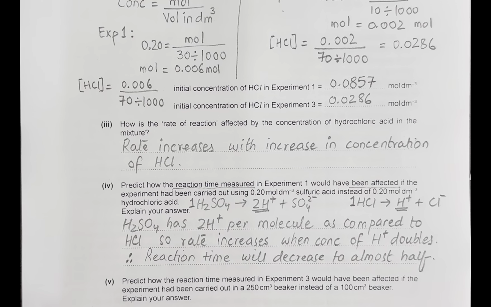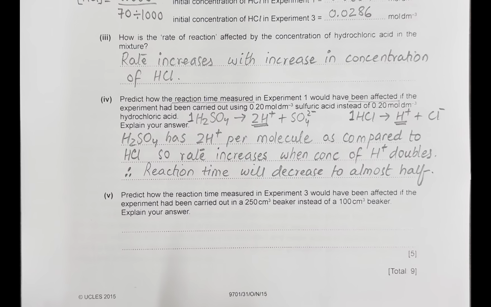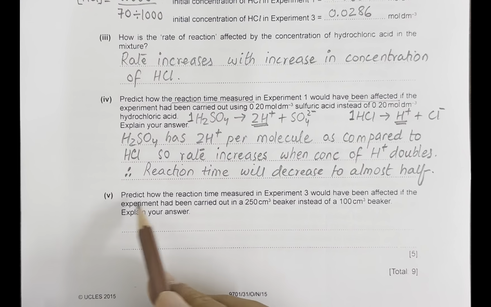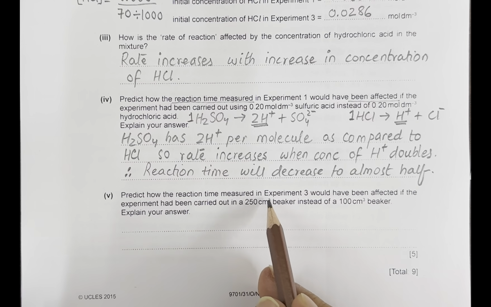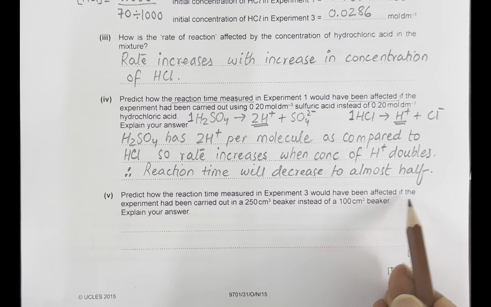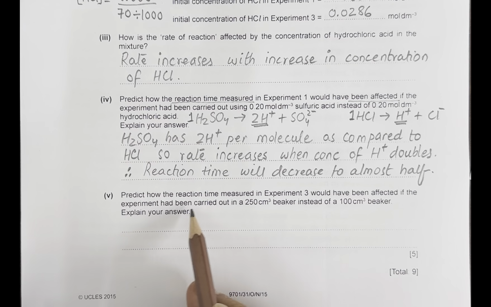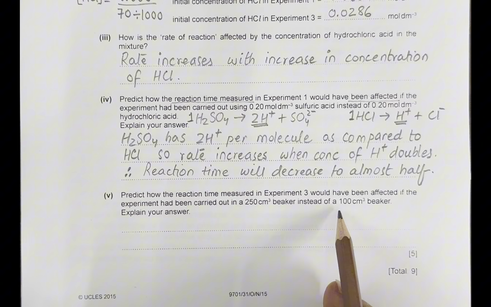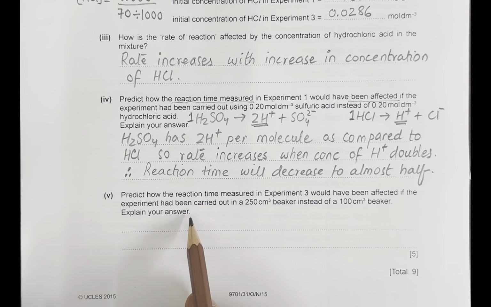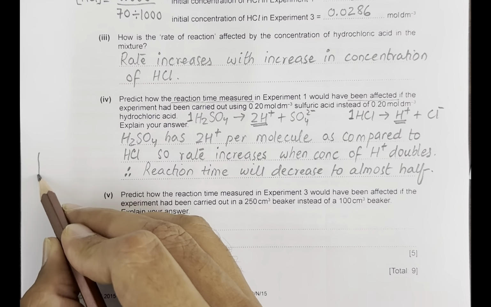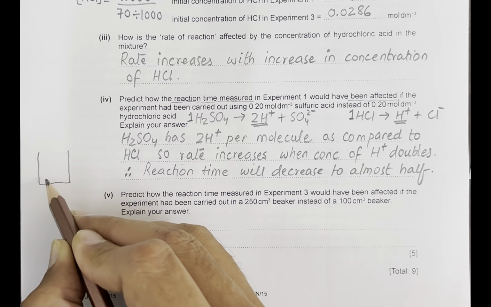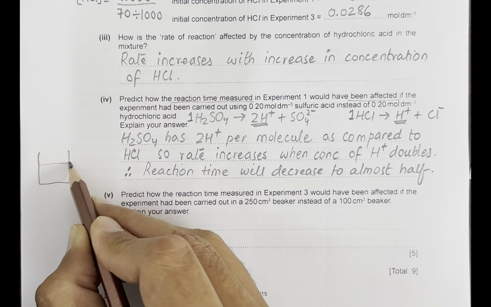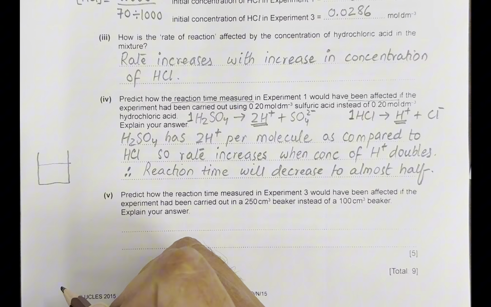Now, moving on to the next part, which says predict how the reaction time measured in experiment 3 would have been affected if the experiment had been carried out in a 250 centimeter cube beaker instead of a 100 centimeter cube beaker, and explain your answer. Now, in the 100 centimeter cube beaker, we have taken all together 70 centimeter cube, so the volume was up to here at most.